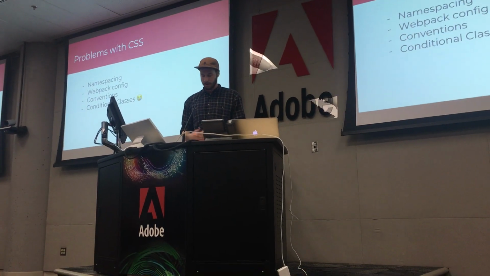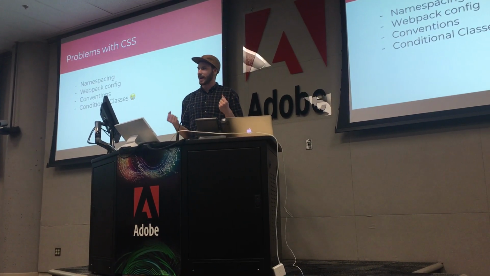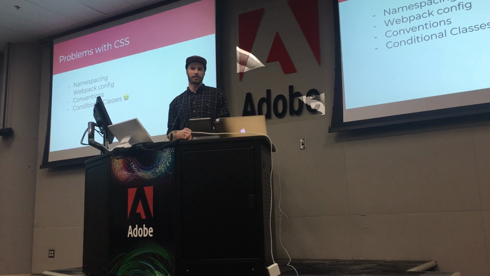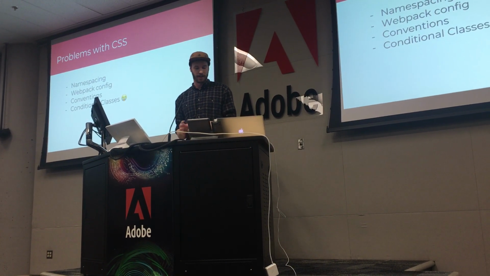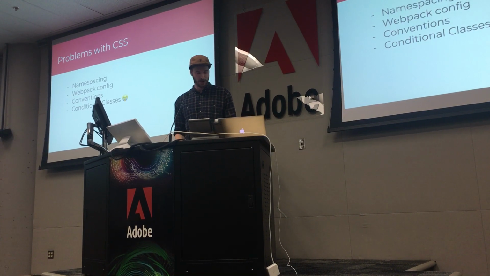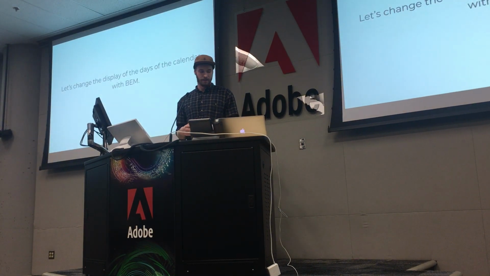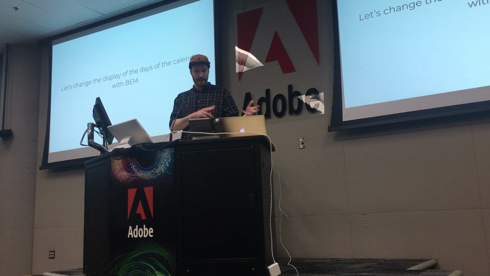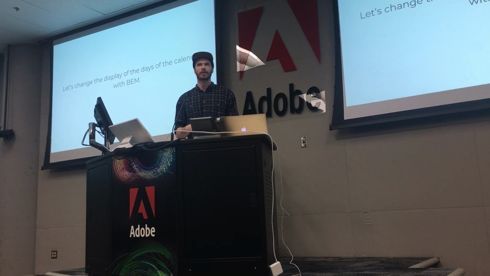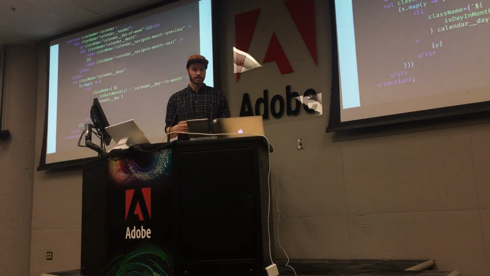The last part, which I think really speaks to React's wonderfulness, where it could be really useful, but with something like BEM, just pure CSS, lacks a bit, and I put a sad face next to it, is conditional classes, right? So let's take a break and try and change the calendar with BEM before we head into conditional classes. So here it is again.